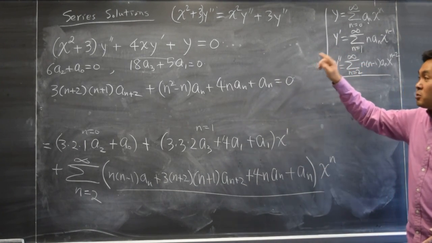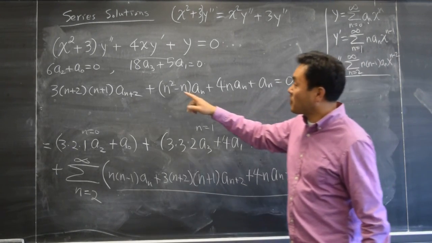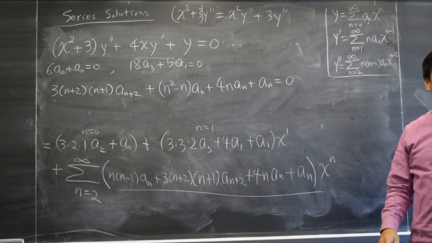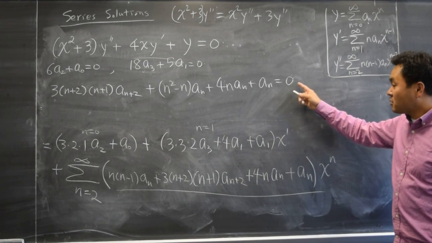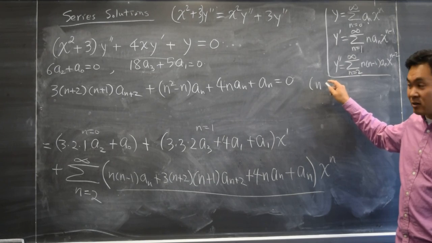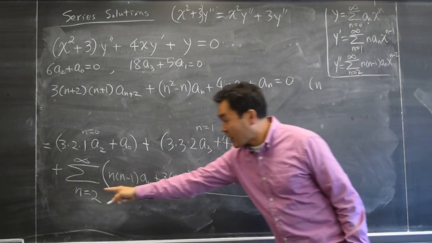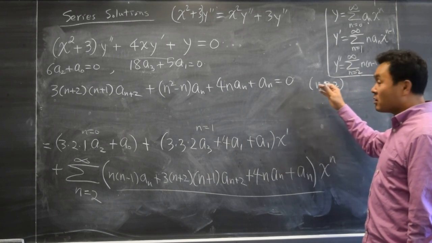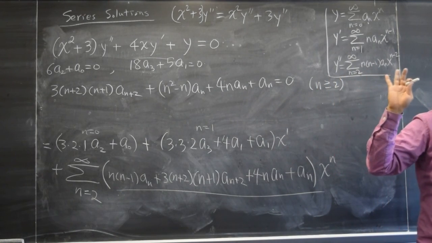That has to equal 0. So these three equations are what we obtained out of plugging in everything. And when is this equation valid from? N beginning from where? 2 and afterwards, right? So this is only valid for n 2 or greater. That should always be attached to your recurrence relation, okay?